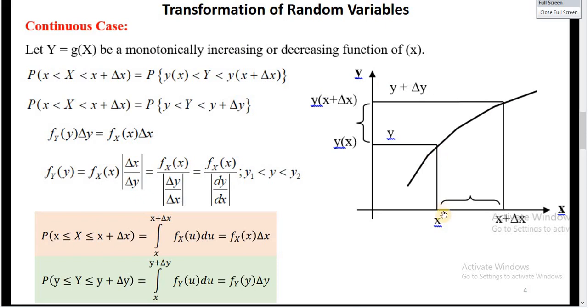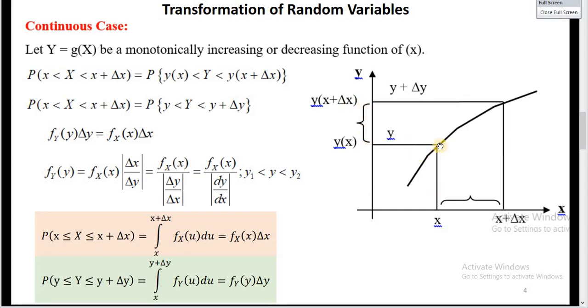For this monotonic function, in order to find the probability density function of y, we look at this figure. Now the probability that x falls within this differential distance, between x and x plus delta x, is the same, because of the monotonicity of the function, as the probability of y falling between y and y plus delta y.